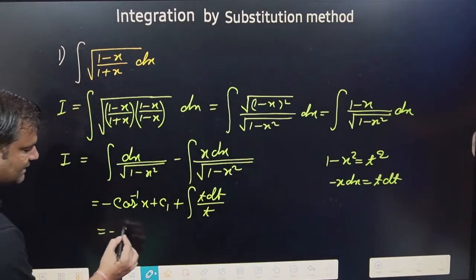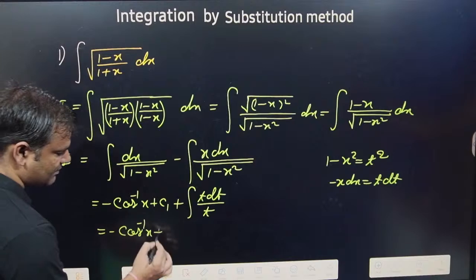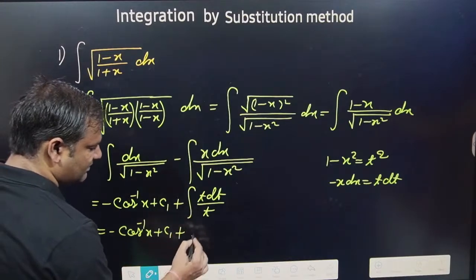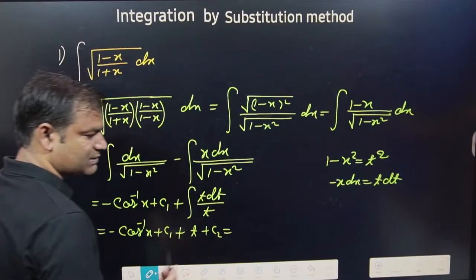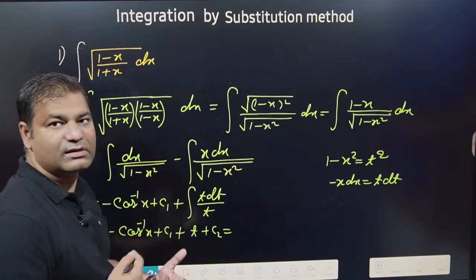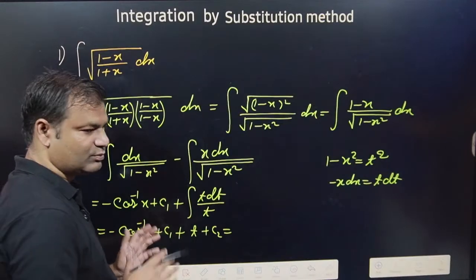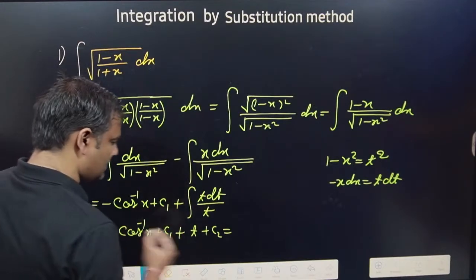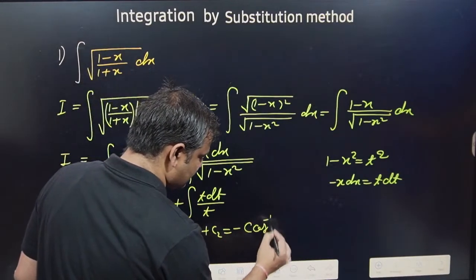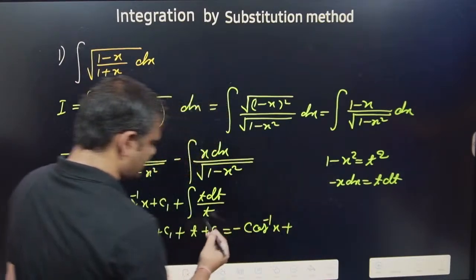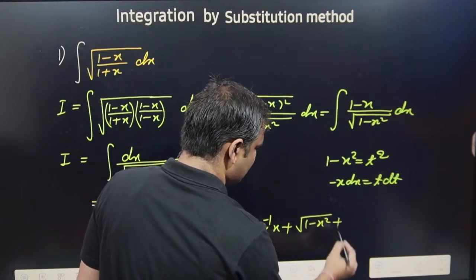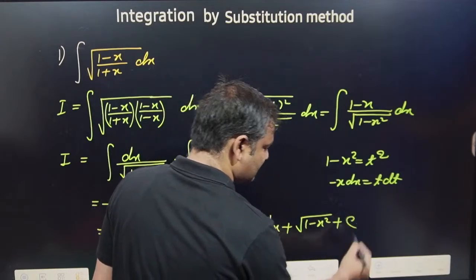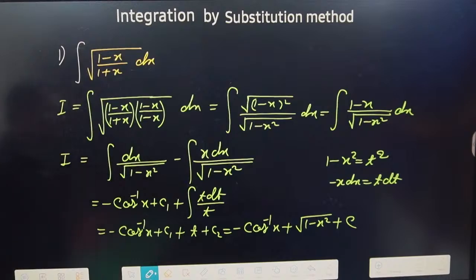So you can say that minus cos inverse x plus c1, and that value is simply t plus c2. c1 and c2 are constants, so c1 plus c2 you can replace by c, so the final answer is cos inverse x plus t, meaning under root 1 minus x square, plus c, a new constant. Okay, so clear? Make it.